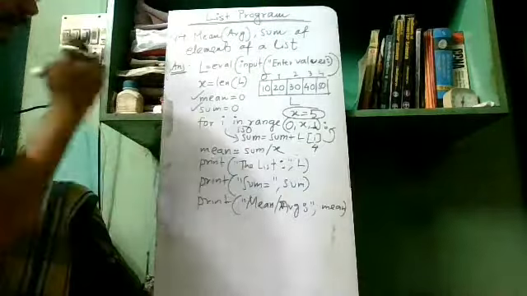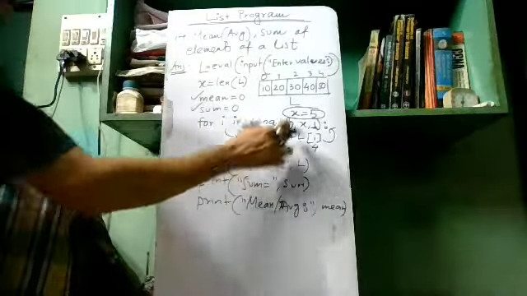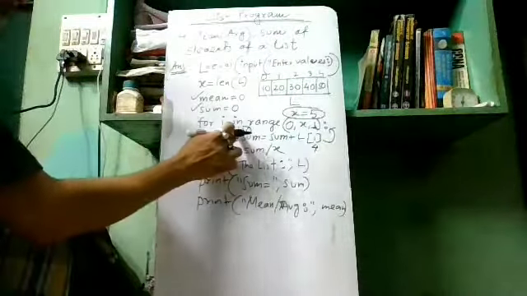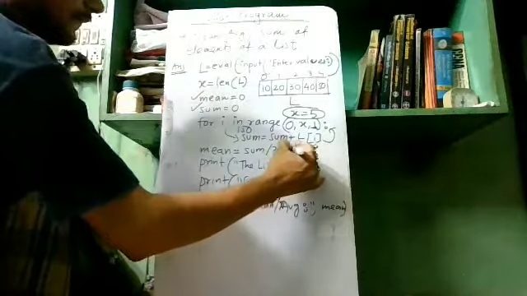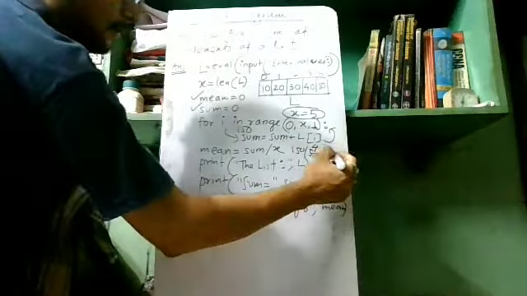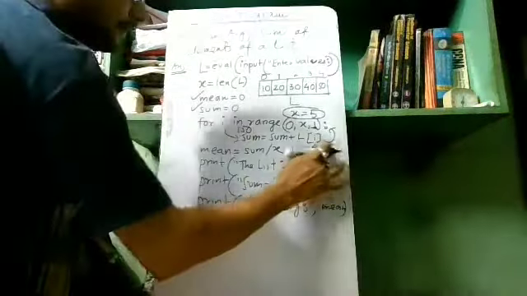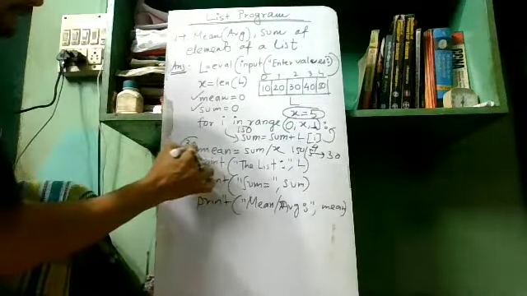When we are coming out of the loop, we are writing mean equal to sum by x. What is the value of x? 5. What is the value of sum? 150. That means 150 by 5. What comes? 50. Sorry, 30. So mean means 30.